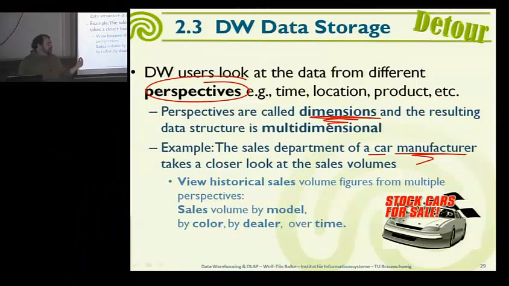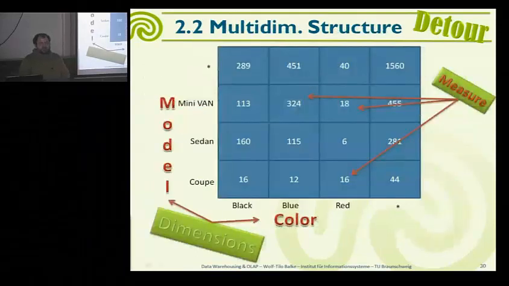Was one type of car more often sold in a certain country, or did it not sell well in a different country? Maybe the naming was wrong, or maybe the color range was not what the people expected, or whatever, right? To find out these things, they need to group the data, they need to manage the data in such a way that these different dimensions are reflected, right?